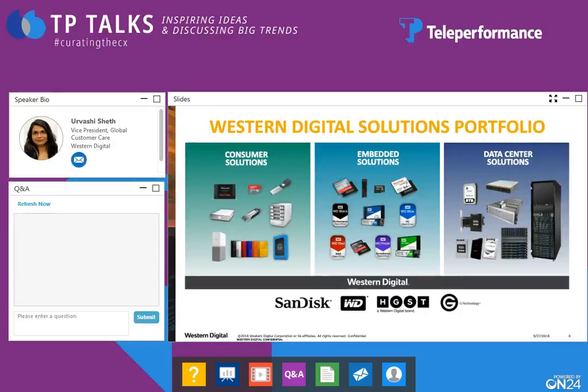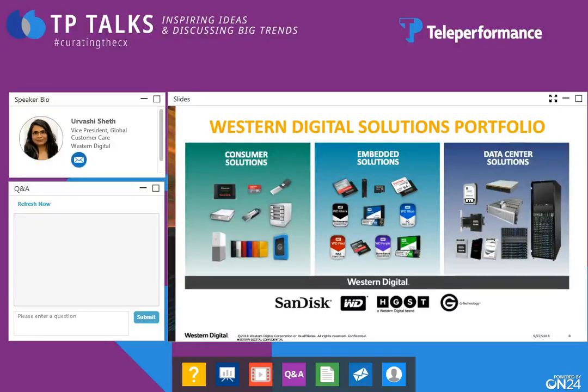So if you look at this slide, the customer solution, and then there is embedded solution, which goes in the automotive and planes and computers and laptops, etc. And then on the right side, you are looking at the data center solutions where we have bigger customers. I cannot name them, but I'm sure from the fruit company to biggest retailer in this world, etc., right?